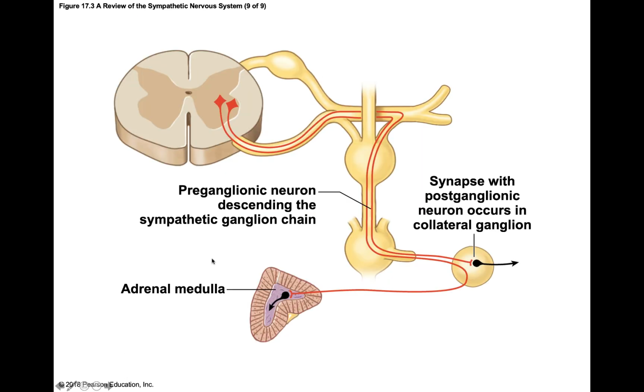Okay, so the last one we have is the adrenal medulla. This is the adrenal gland that sits on top of the kidney. We have a preganglion neuron that's coming down through the sympathetic chain ganglion, but it's not synapsing onto the postganglion. It is continuing, and it is going straight to the adrenal medulla.